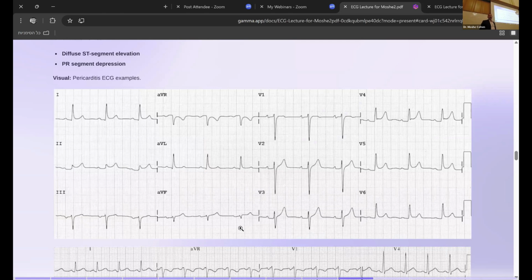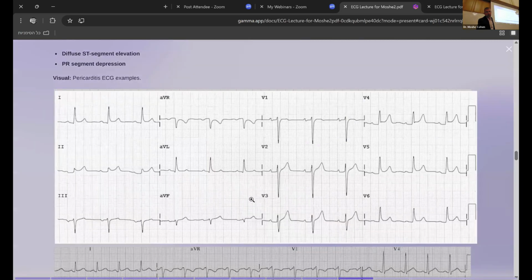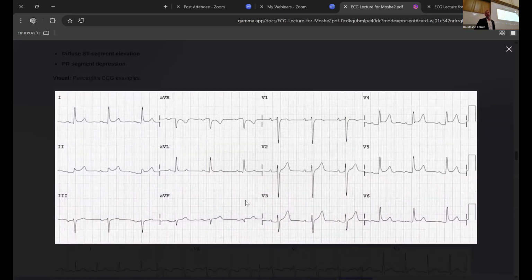This is also a nice story. Let's look at this ECG. We're about to finish this part of the lecture. You have a patient in reasonable shape coming to you with a strange feeling in his chest. It's not really a typical chest pain. Usually it's young patients, so you're not necessarily suspecting myocardial infarction.